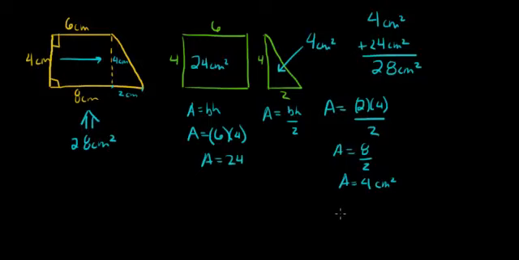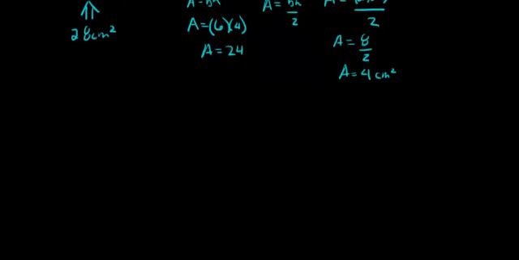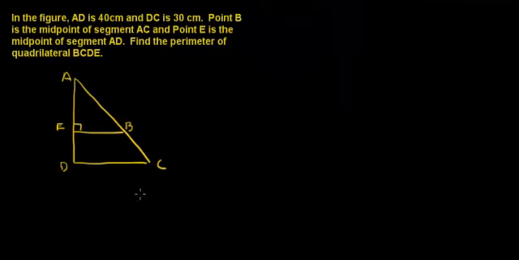So let's take a look at a slightly more complex combined polygon. Okay, so we're looking at this figure now. In the figure AD here is 40 centimeters, DC is 30 centimeters.